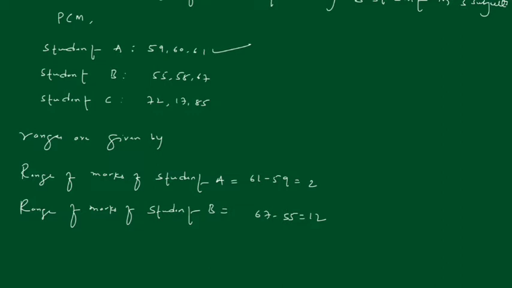And the third one is the range of marks of student C, which is equal to 85 minus 17, which is equal to what? 68.